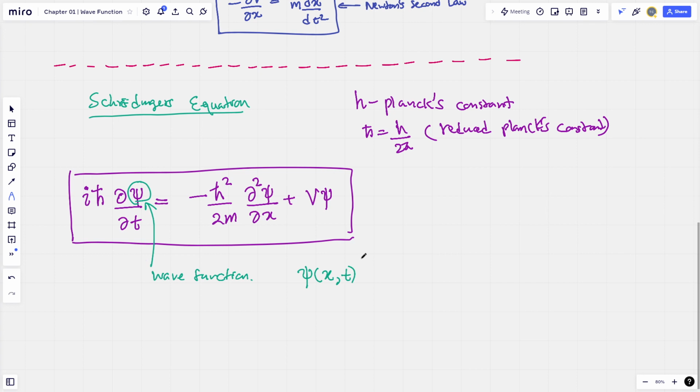To do that, you don't have to know how the internal mechanism of the steering wheel works, or how the engine works. You just know that if you turn the steering wheel, the car is going to turn. It is the same with the Schrödinger equation.